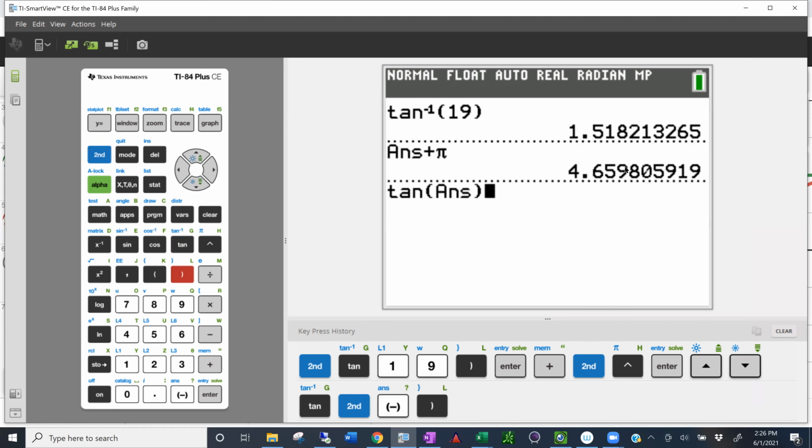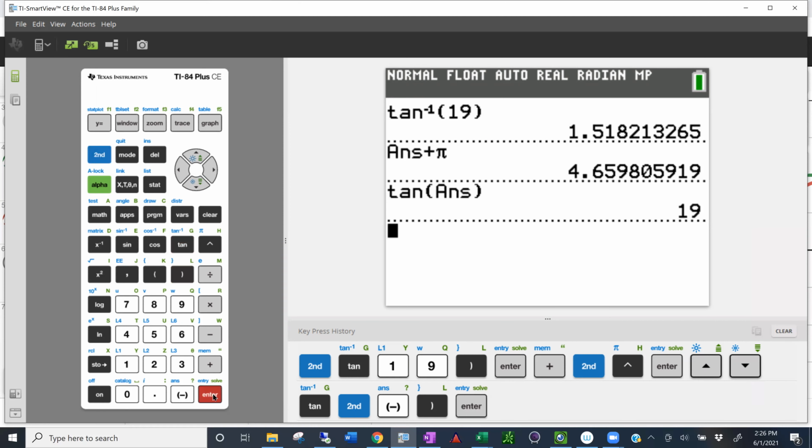It's got all the precision of this. And come on, give me 19. Beautiful. So it works. That's another angle whose tangent is 19. You can't go any farther and still be in the interval 0 to 2 pi, so we're good.